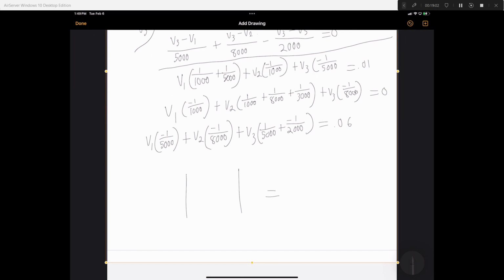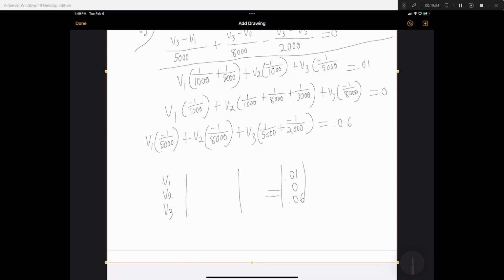And that'll be equal to 0.01, 0, and then 0.06. This side of the matrix. And then you'll have your variables here, V3. And you have all these numbers in this little matrix, which will be these ones up here.